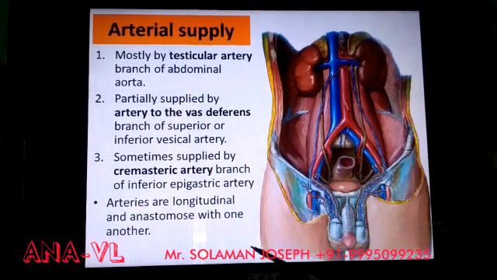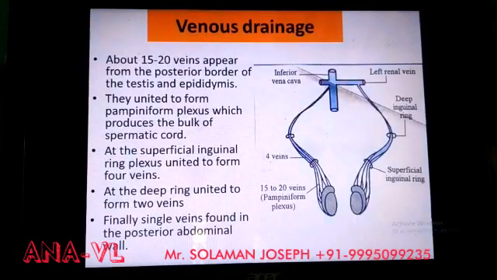These are the arteries. Then for venous drainage, about 15 to 20 veins appear from the posterior border of the testis and epididymis. They unite to form the pampiniform plexus, which produces the bulk of the spermatic cord. Here we can see the pampiniform plexus, with 15 to 20 veins.